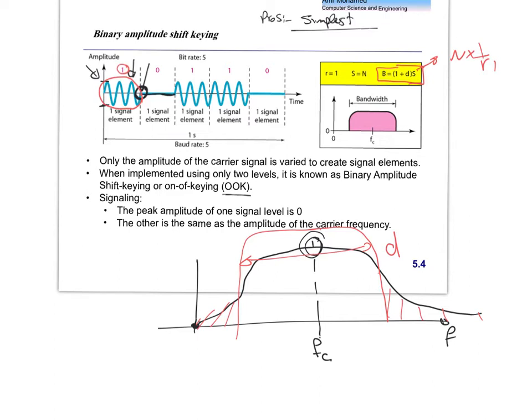And N is the bit rate. So if I want a bit rate of N, then the bandwidth that I need is 1 plus D times N, where D is the filtering factor or the filtering effect.